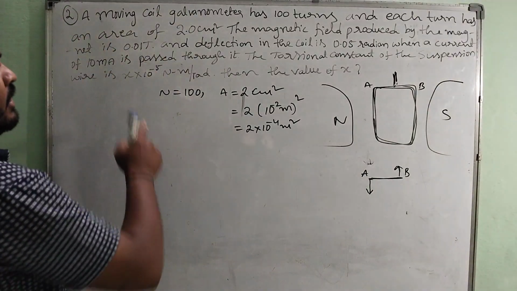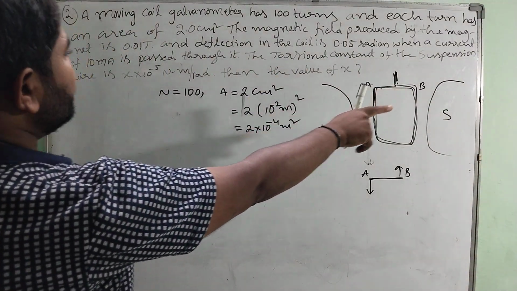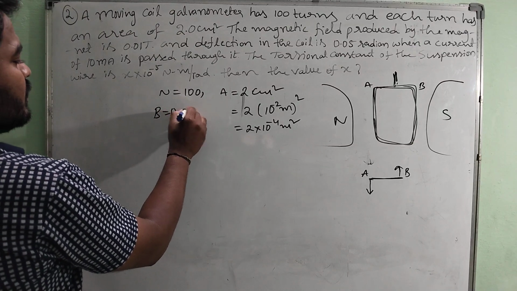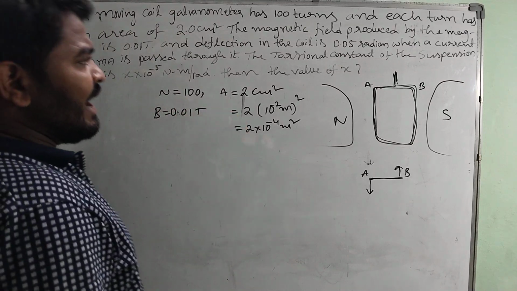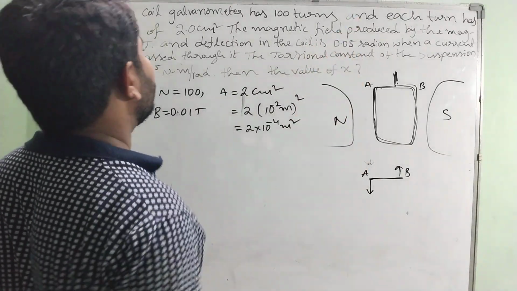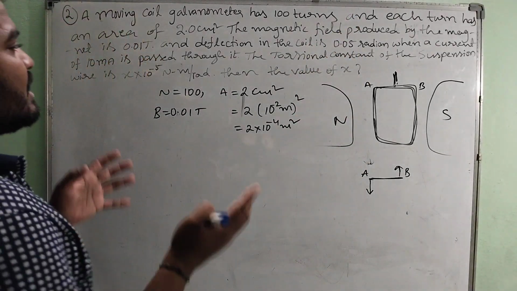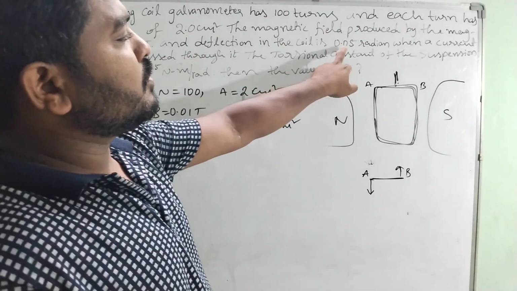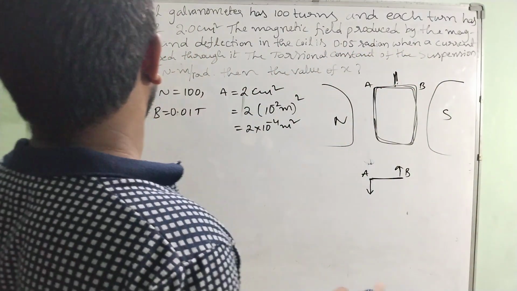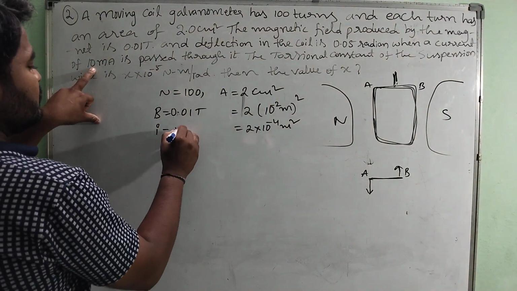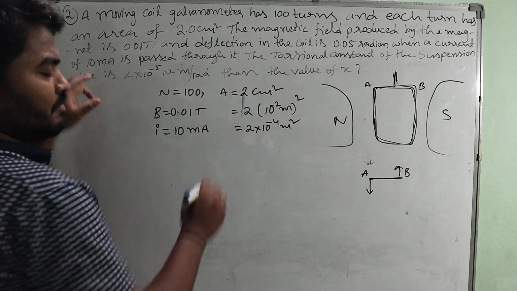The magnetic field is B equals 0.01 Tesla, and the deflection of the coil is 0.05 radians when they have sent a current of 10 milliamperes.